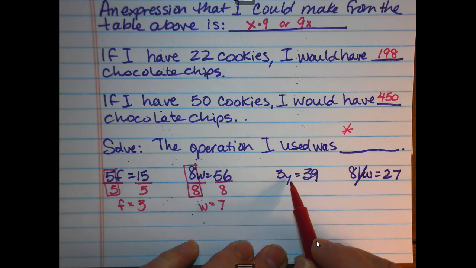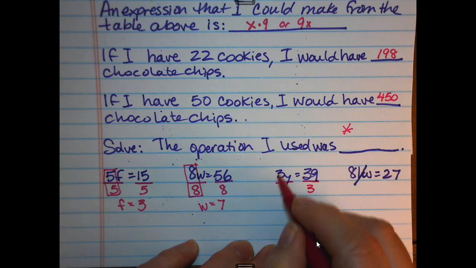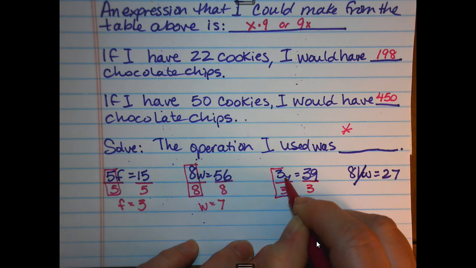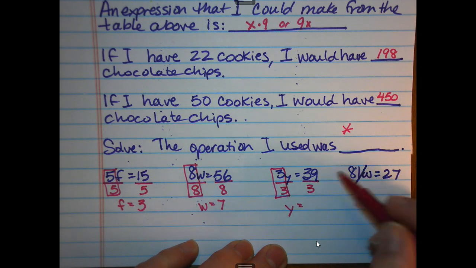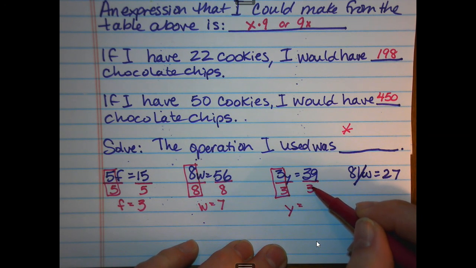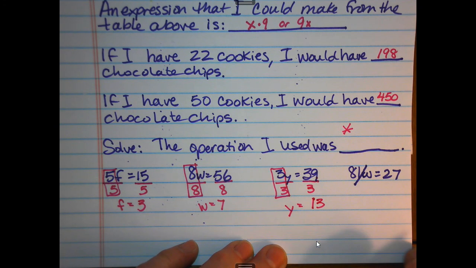And for this one, we're going to divide by 3. And this becomes, again, a giant 1. So we have y equals, and I'm going to say this is 9 divided by 3 is 3. 3 divided by 3 is 1, so that's 13.